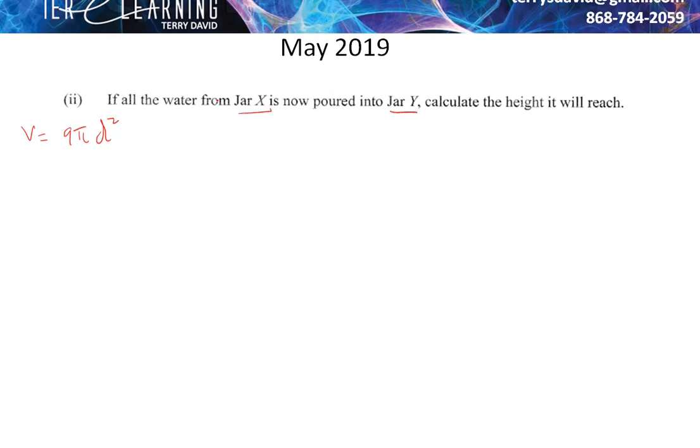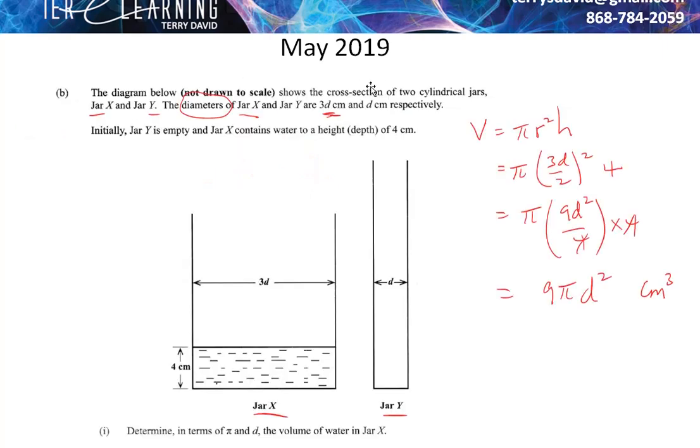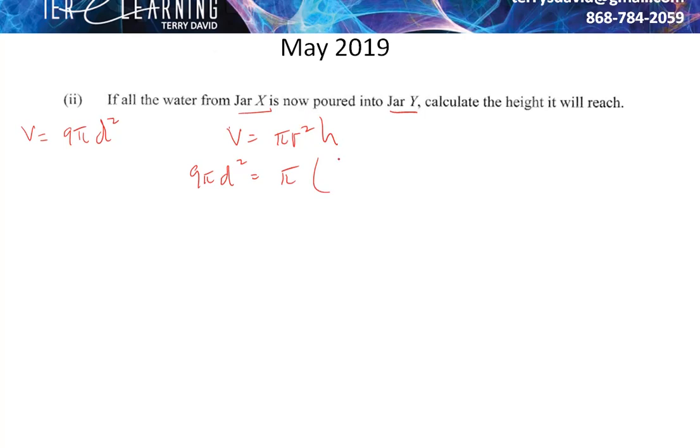So the volume of the water when we pour it into jar Y is going to be pi r squared h. Now we know the volume of the water is 9 pi d squared, and the diameter of jar Y, they told us, is d.